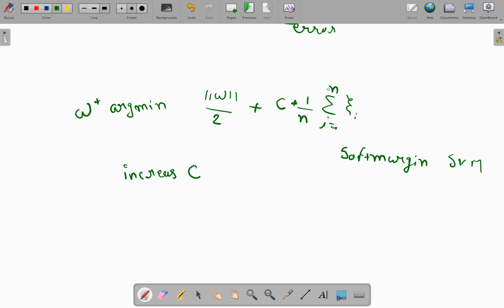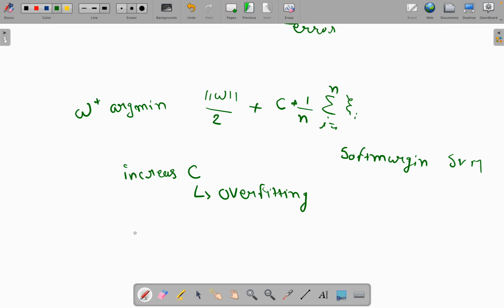So we will not allow any error when our C value is higher. Increasing C can result in overfitting, because while training, if it does not allow any misclassification, then the model will overfit our dataset. It will not generalize, but it will solve only the training problem.